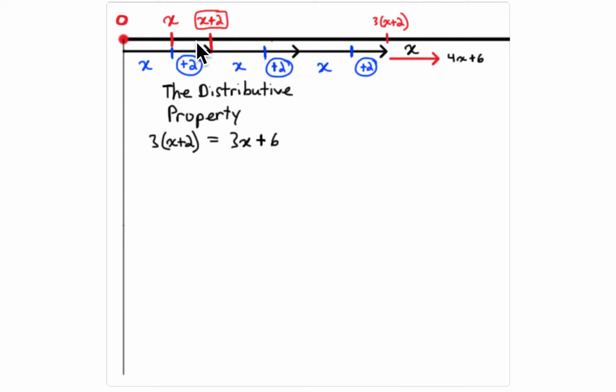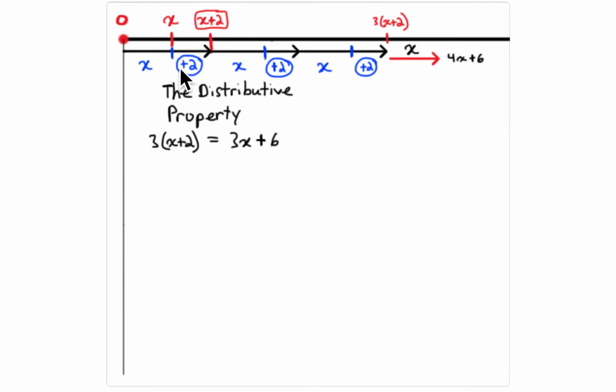So that told me in my drawing, I have to look at the distributive property. I have to use the distributive property. So I have 3x plus 2. So I have 3 x's, I have 3 2's, and I have one more x out here. Well, that 3 times x plus 2 is 3x plus 6.